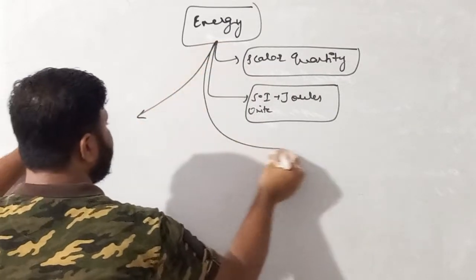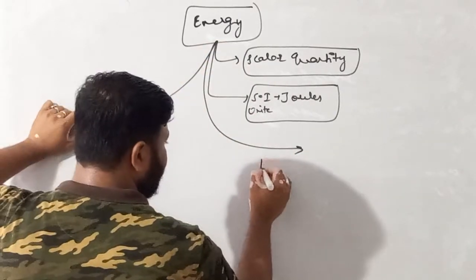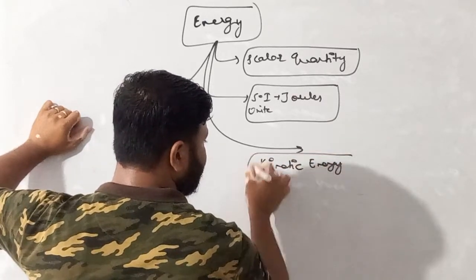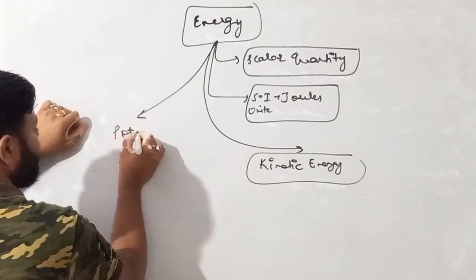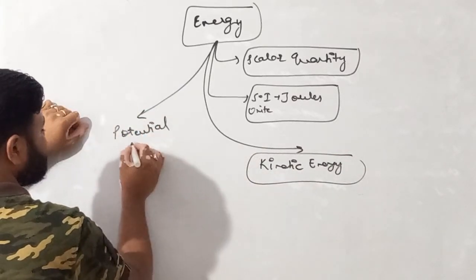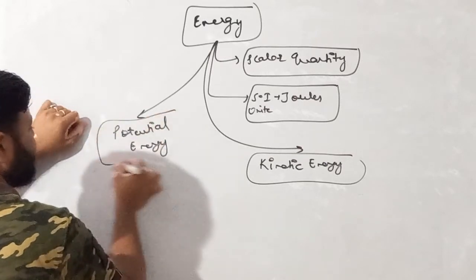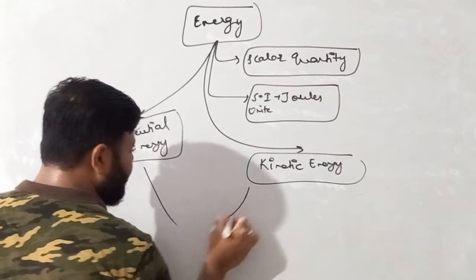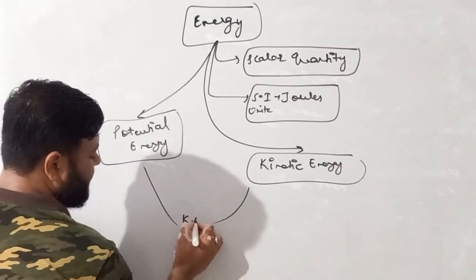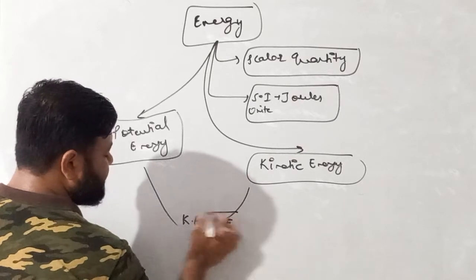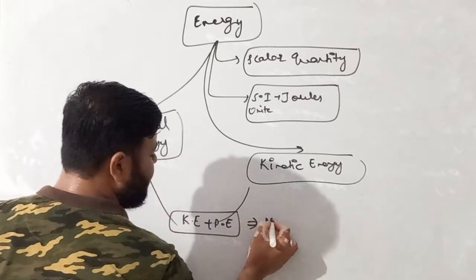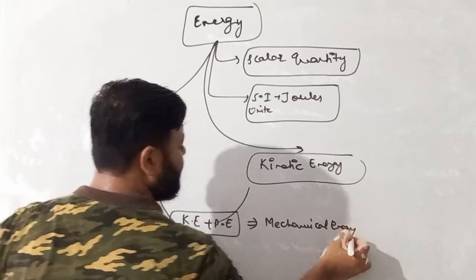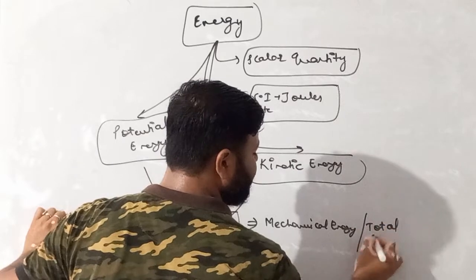Now see, my dear students, basically energy is of two types. First is kinetic energy and second is potential energy. And if you add both energies, kinetic energy plus potential energy, you'll get a new form of energy which is called mechanical energy, or we can say total energy.